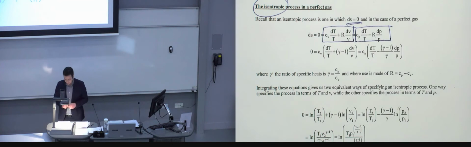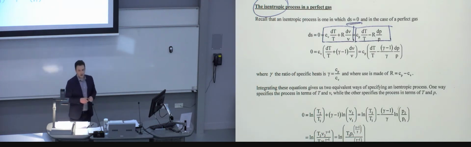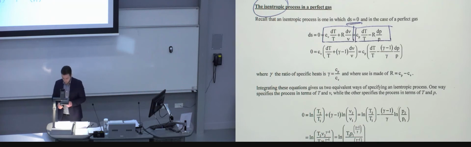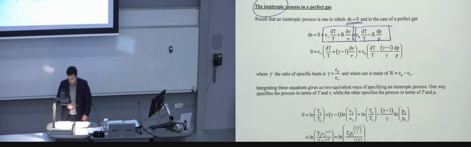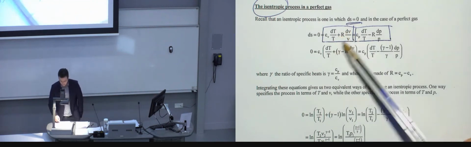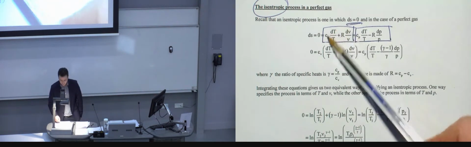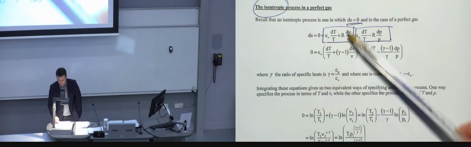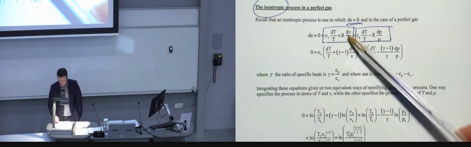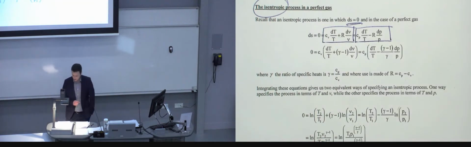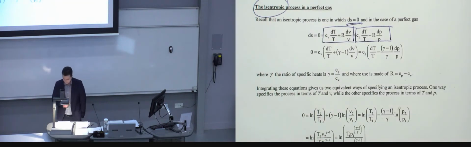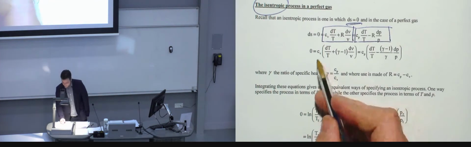I'm now interested in bringing gamma, which is the ratio of CP to CV, into this equation. Can you see how we got from here to here, starting from the left-hand side of the equation? Just look at it for a few moments. We are factorizing it with respect to CV.